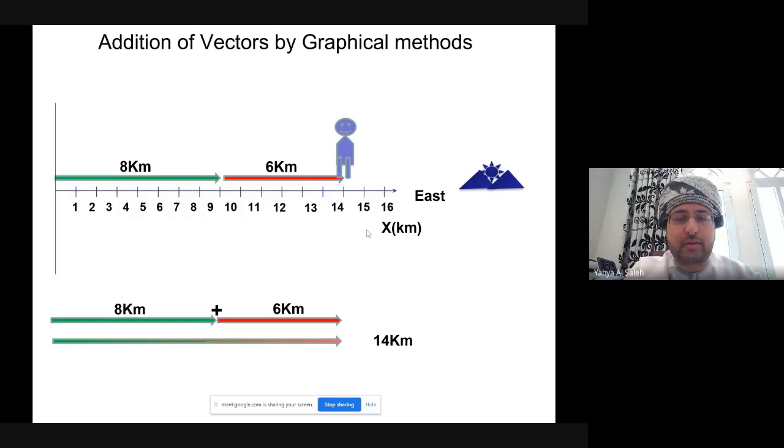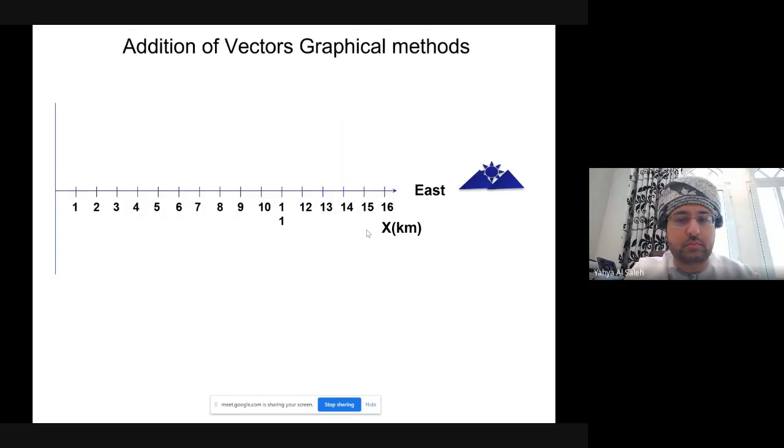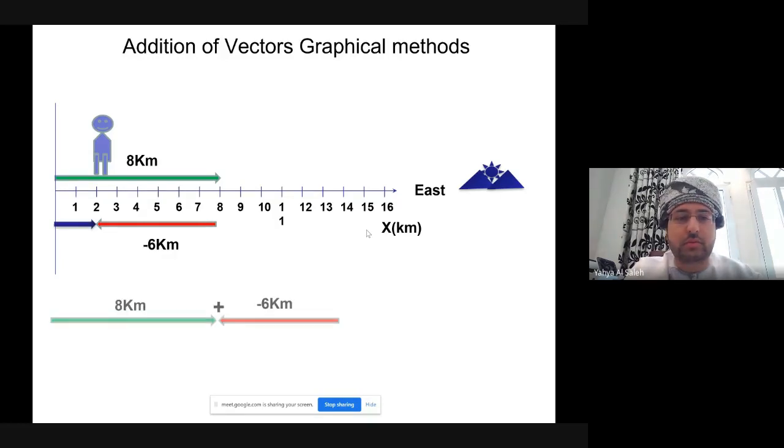So far, so good. Very simple. What if this person goes 8 kilometers east, but then goes 6 kilometers west, back in the direction? What is the resultant vector? 8 plus minus 6 is equal to 2 kilometers east.